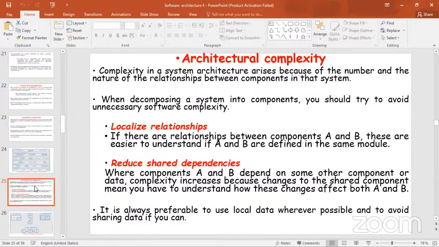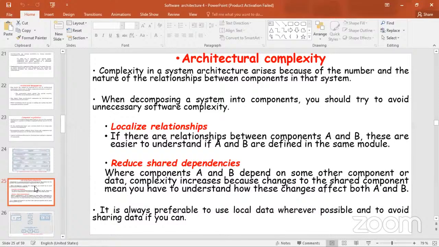So you could just look for one curtain and put it in between the class. So females will be in one corner and males in the other corner. So those that have similar relationships can have what is called localized relationship, and they can be put in the same module.